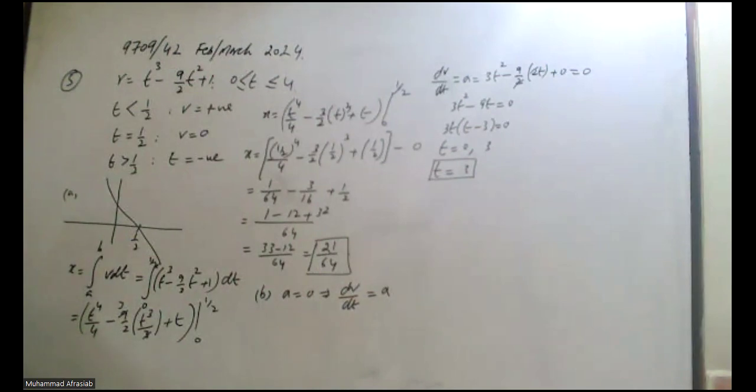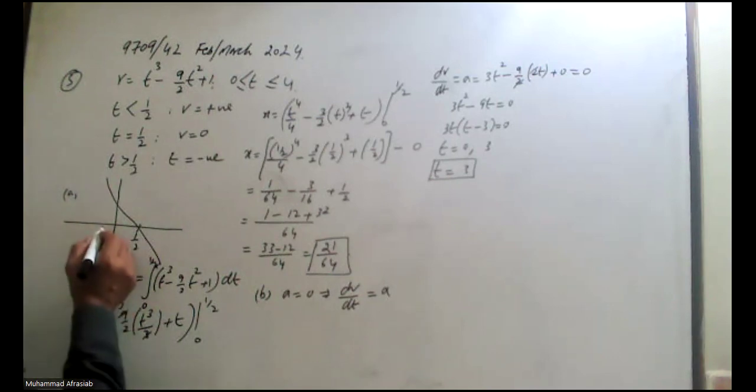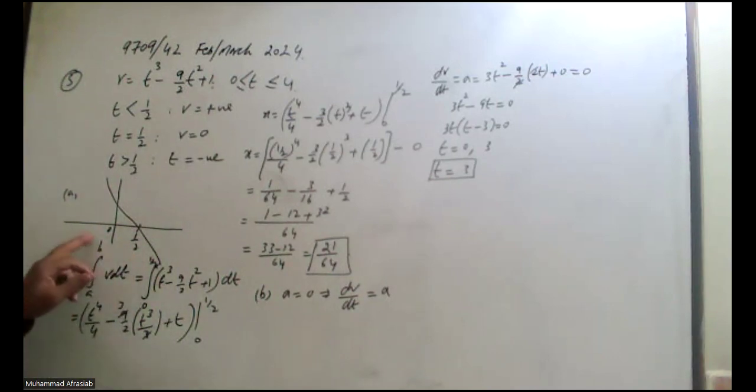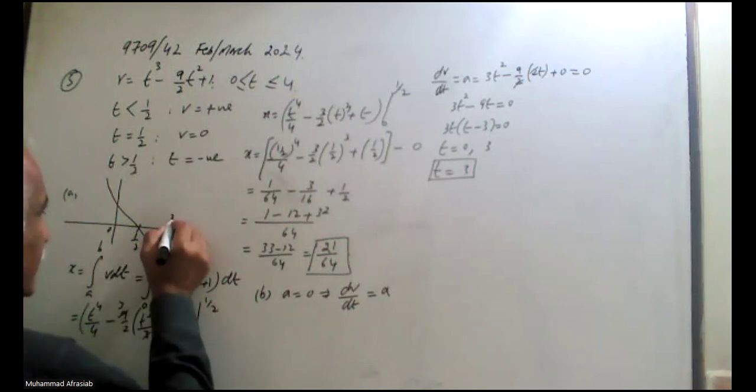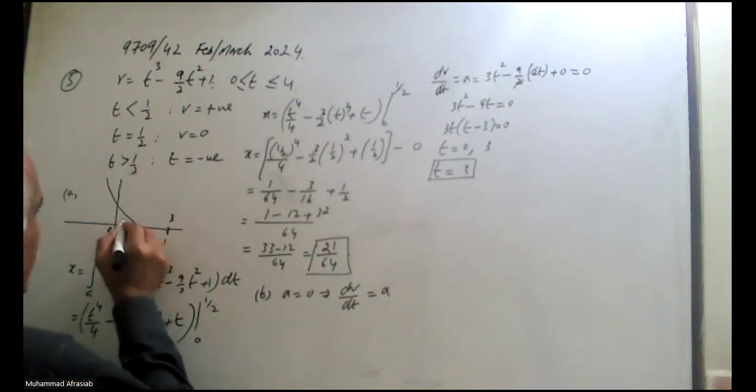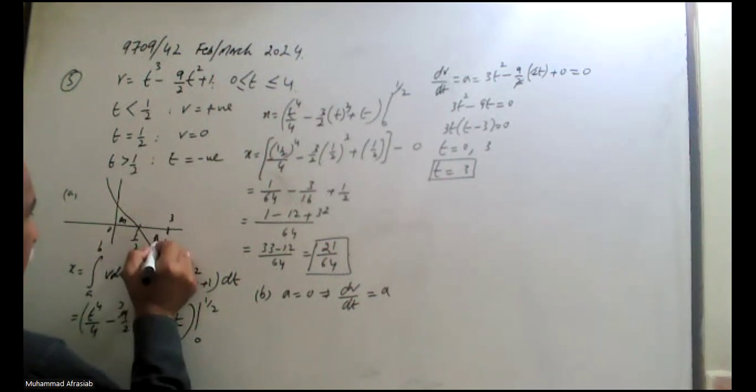So next part, they are saying to find the displacement of this graph from 0 till that second. So we know that it is 0 there. So 0 to half and then half to 3. This area is above and this area is below.